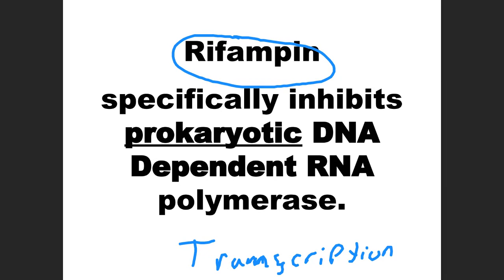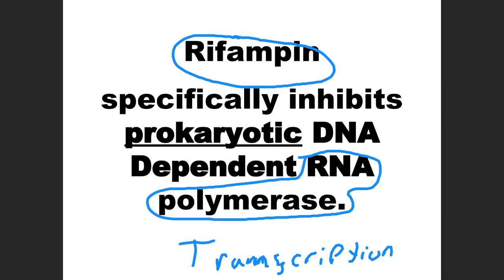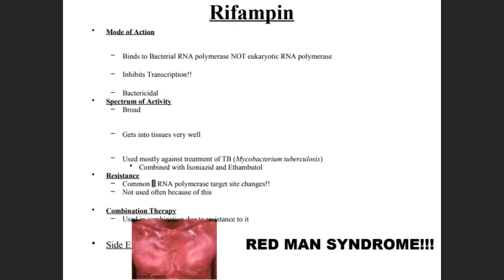Okay, because what this drug does is it inhibits the RNA polymerase enzyme in bacteria. Now, we also have RNA polymerase to convert DNA into RNA, but this particular drug inhibits the bacterial RNA polymerase and not ours. Okay, so that's basically what it does.